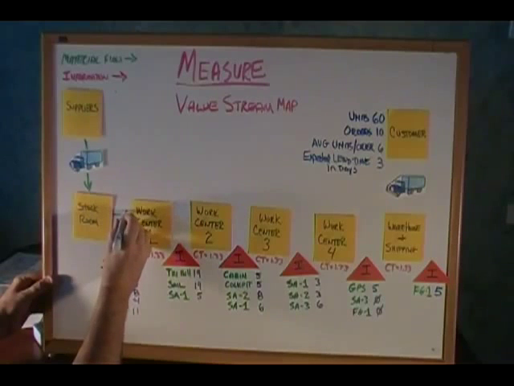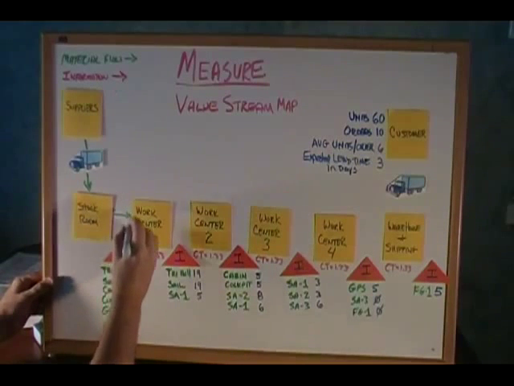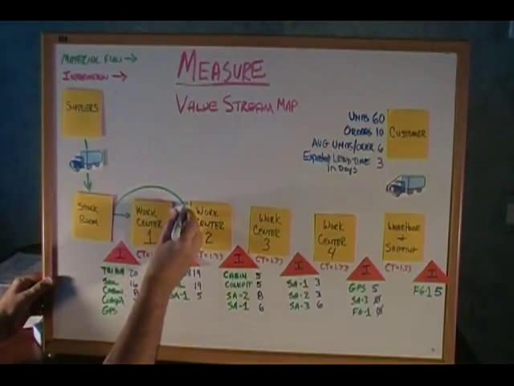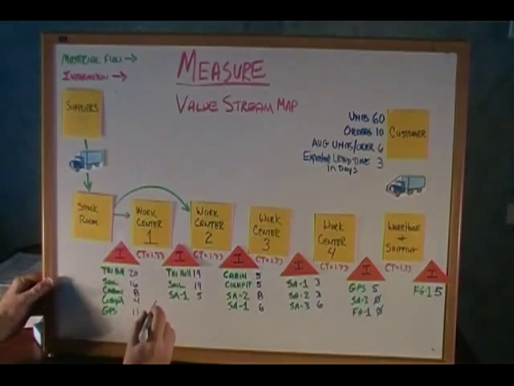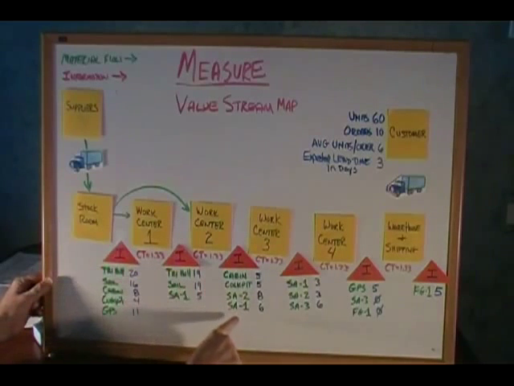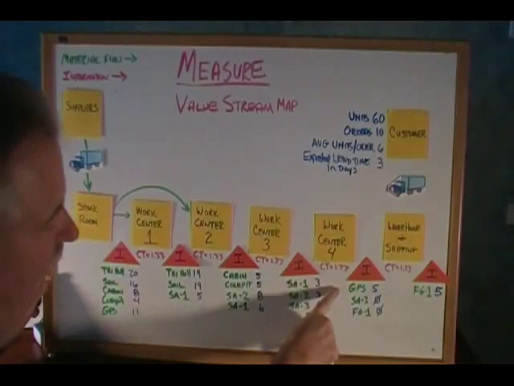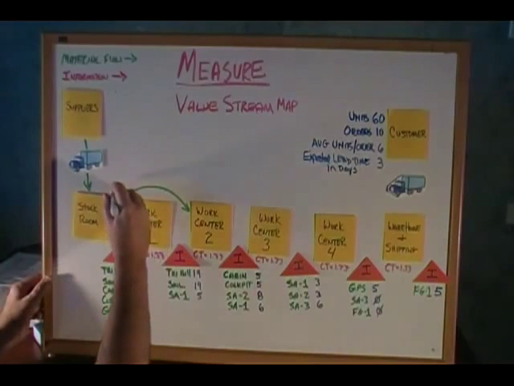It flows to work center number 1. From the stock room, it also flows to work center number 2. And from the stock room, it also goes to work center number 4, where the GPS units end up.